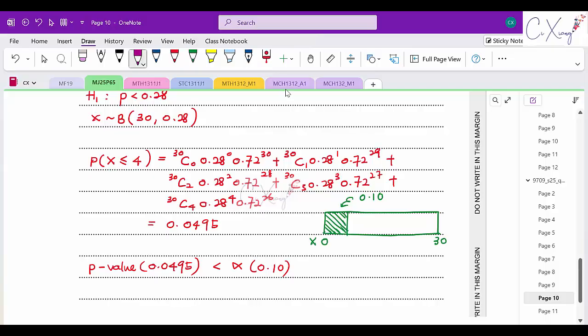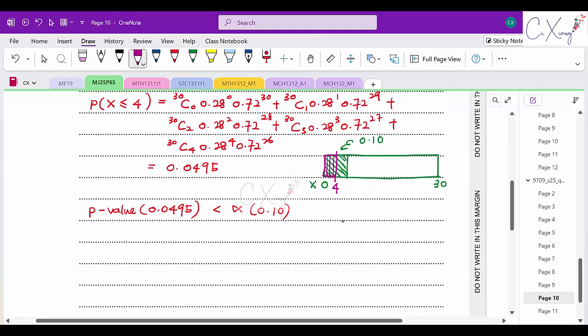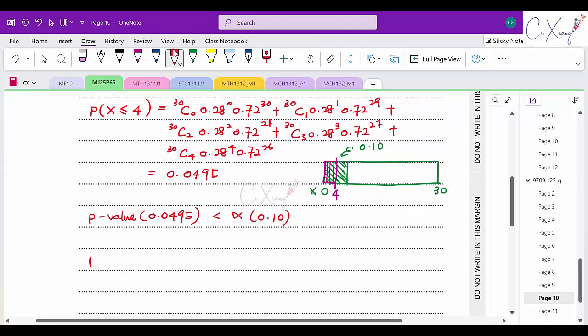So that means if I try to draw the box, 4 will be somewhere inside the rejection region because the probability that I count for x smaller equals to 4, this purple color area is 0.0495, where it should be smaller than the green color area, which is 0.10. So 4 falls under the rejection region. So from here, I know that basically I have to reject the null hypothesis.